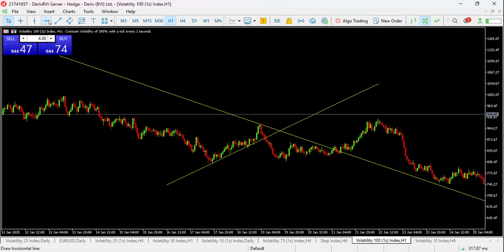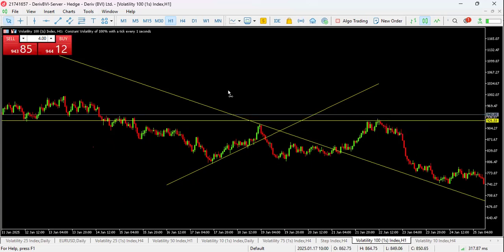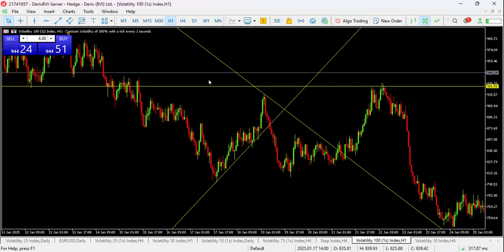Look, it goes to our resistance level. And another secret I want to tell you is whenever you are trading, make sure you are drawing your trend line and your support and resistance, because the market tends to respect support and resistance levels. Like now, look what happened. This market broke out of this trend line completely, went and respected the support and resistance level before coming back.